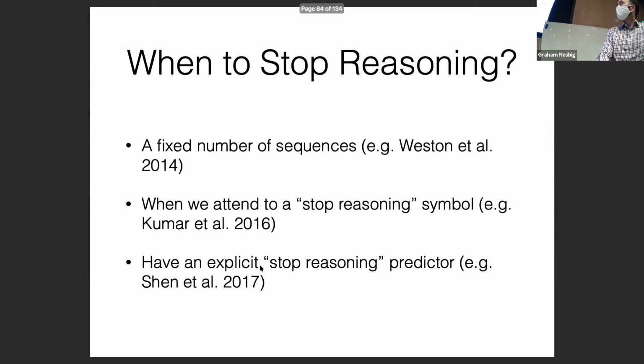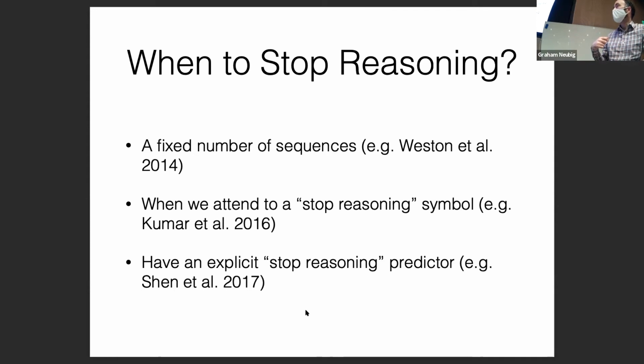Another thing you can do is, these are basically the same, so I'll just talk about them at the same time. You have some sort of predictive model that tells you when you're done reasoning. So this exists in all of the things that I talked about before as well. It could be like, you continue decomposing the question until your model tells you, okay, you don't need to decompose it anymore.